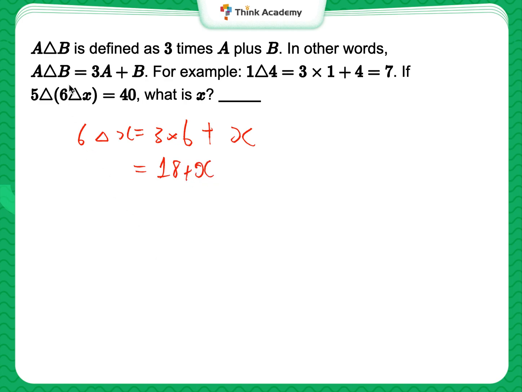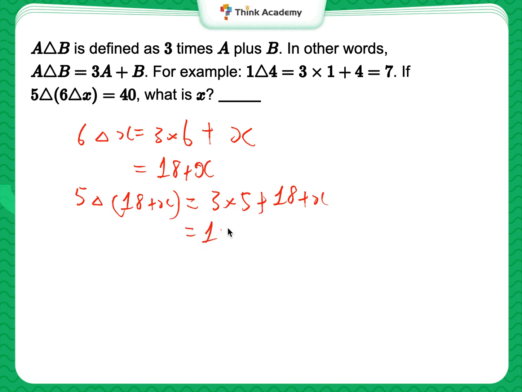All right, now we can see that outside the brackets, we have 5 triangle that. So 5 triangle in brackets, 18 adding x, is equal to 3 times 5, of course, adding whatever is inside the brackets, because that's like the whole lot of that is counted as B, or the part after the triangle. So adding 18 adding x, that's what we have.